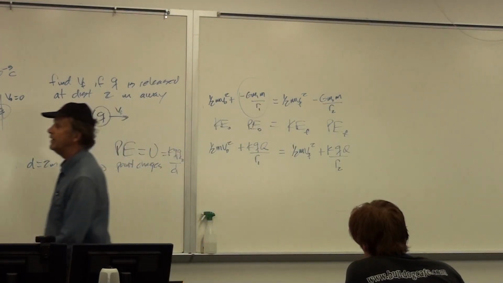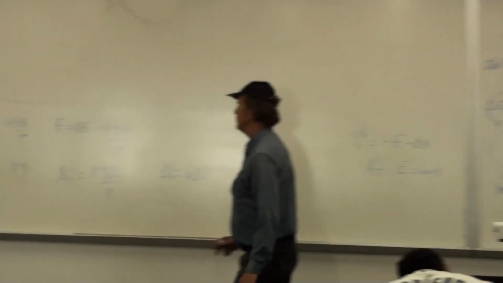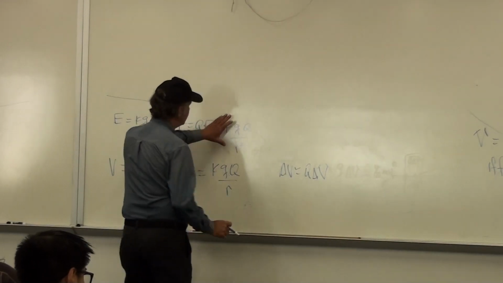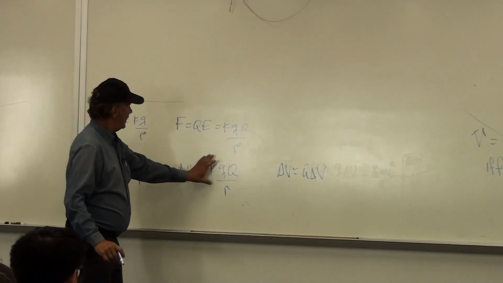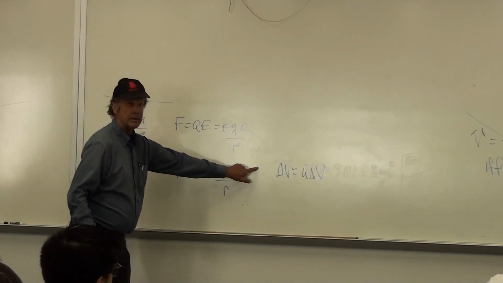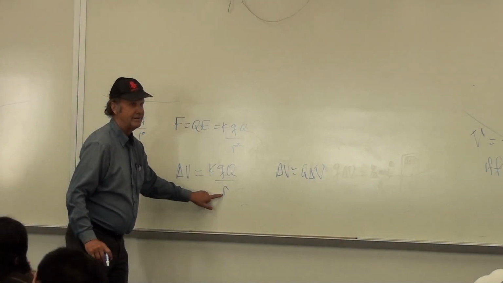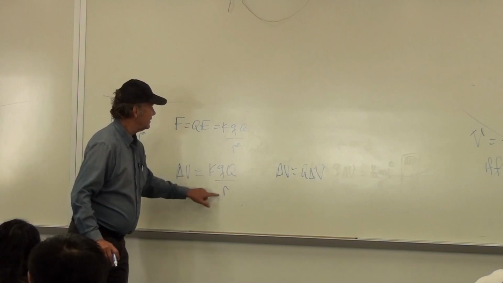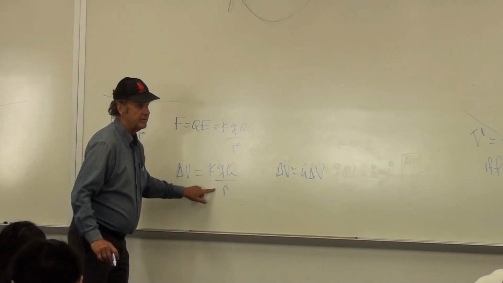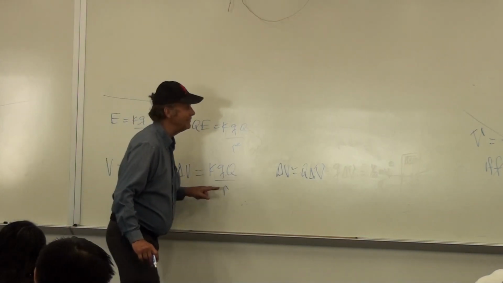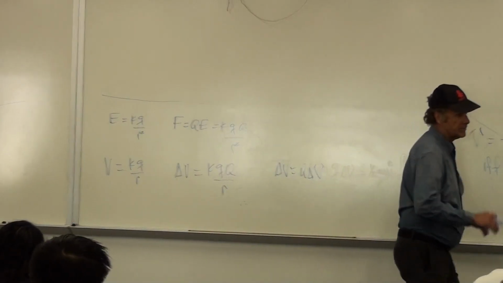For over r squared, it would have the wrong units. So that's one way to remember. Here, this has units of newtons, but energy has units of newton meter. So the r in the numerator can cancel out the r in the denominator. I mean, from a unit point of view, you can think of it that way. That's not the way to derive it, but that's the way you keep it straight in your head.